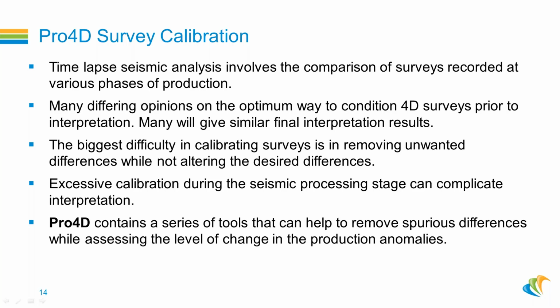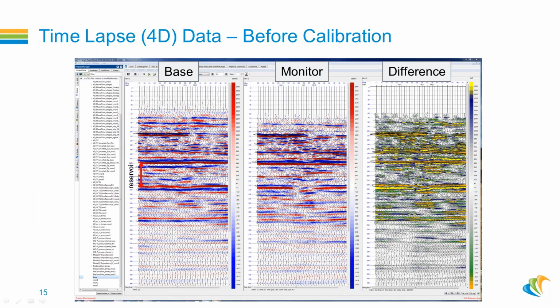I have left-hand side base seismic data, the middle is monitor data, and the right-hand side is color-coded with the difference of the amplitude. As you see, there are lots of variations in the amplitude here. This is my reservoir shown here. I'm expecting the differences to be shown here, not above the reservoir, not below the reservoir.